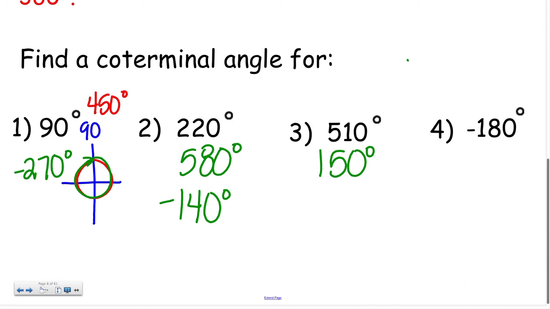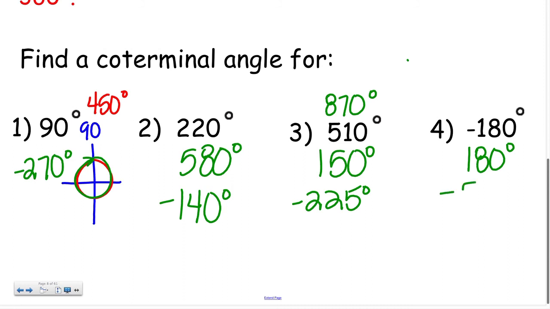I could add 360 degrees and get 870 degrees, or I could keep subtracting 360 and get a negative answer, which would be negative 225 degrees. Or I could keep adding 360 to 870. It doesn't matter. All right, number 4. Could subtract 360 and get that, or add 360. Or I could subtract it and get that. All I'm asking you to find is a positive and negative coterminal angle.